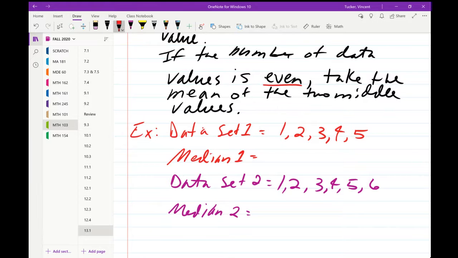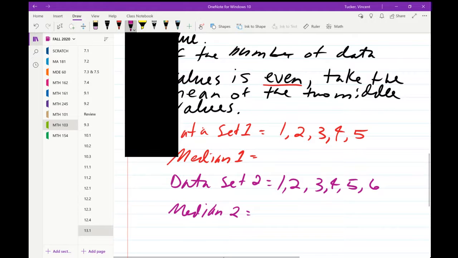All right, so if I have the data set 1, 2, 3, 4, 5, I have 5 data values.